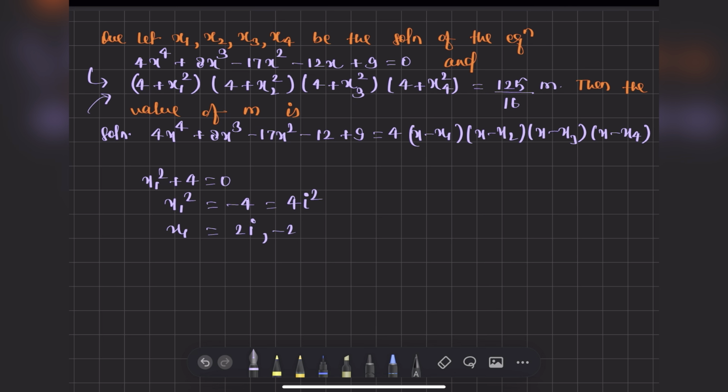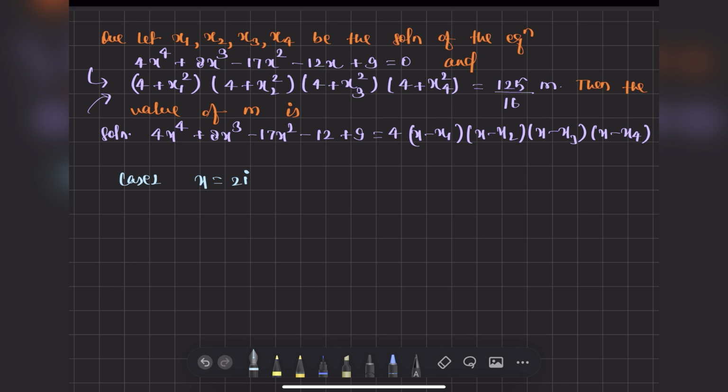Okay, so we got those two numbers. In the first case we will take 2 iota, in the second case we will take minus 2 iota. We will handle the first case first. So I'll go with case 1. I'll assume x to be 2 iota.